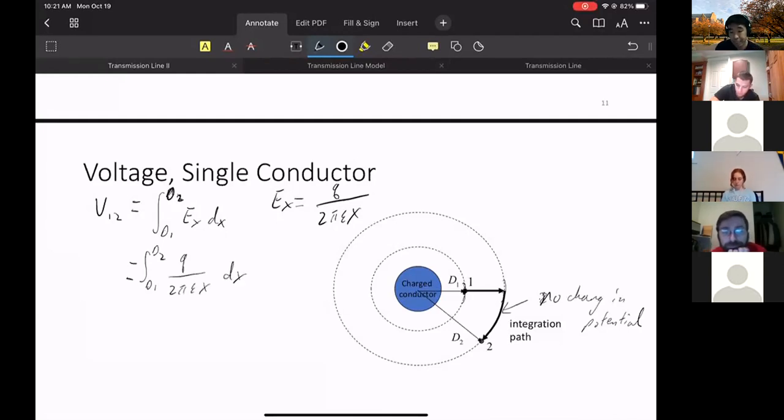And how do we integrate 1 over x? That's just log of x. The log comes from being the antiderivative of 1 over x.